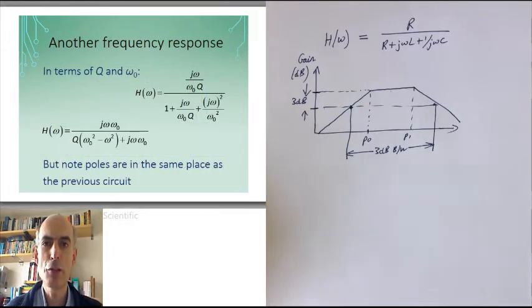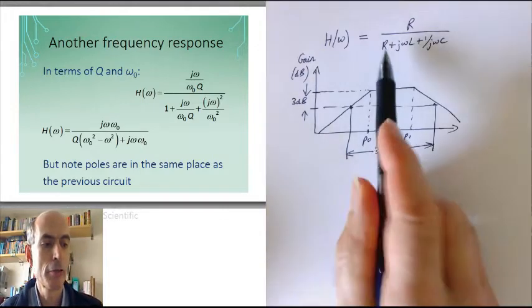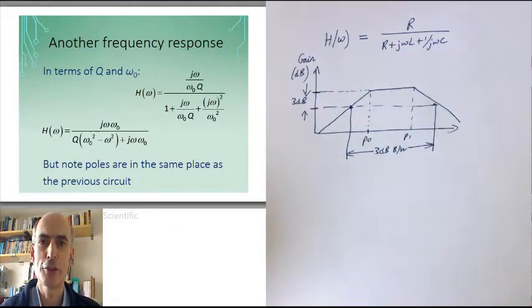First of all, let's make our derivation a bit more generic, and we'll do it in terms of the resonant frequency and the Q factor rather than the values of resistors and inductors and capacitors in this particular circuit.